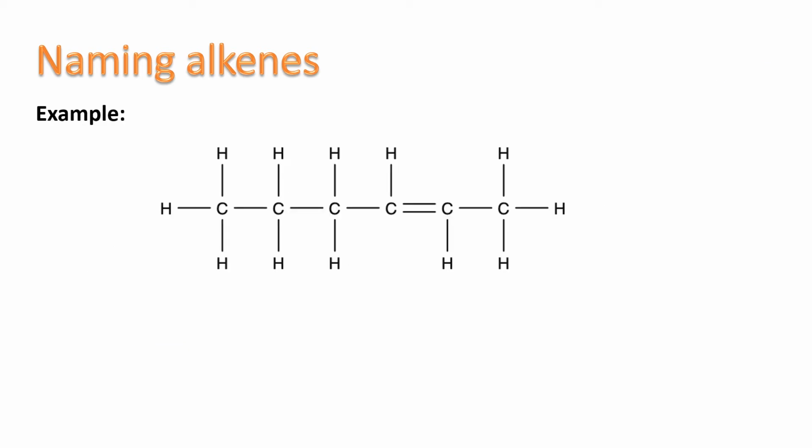So let's look at another example together. The first step we do is to identify the longest chain. And so we can see here that our longest carbon chain is 6 carbons in a row. Then the next step is to number our carbons starting at the end closest to the double bond. So in this example, we wouldn't start from the left-hand side, we would start from the right-hand side. So that our carbon to carbon double bond starts this time on carbon number 2.